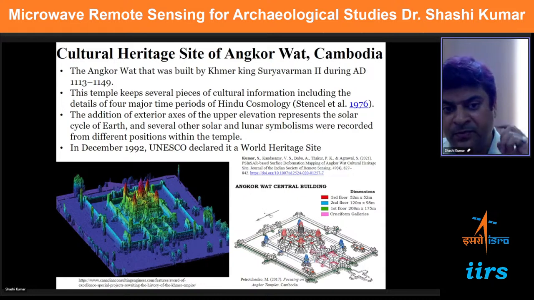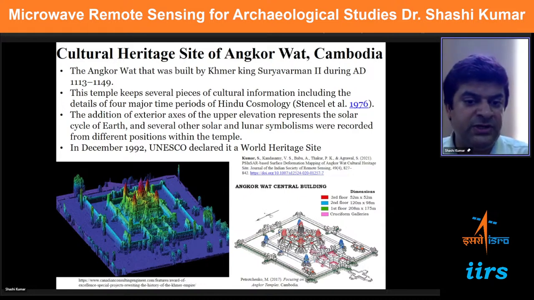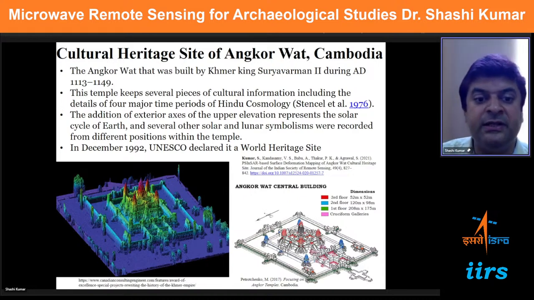This is one of the most studied sites of UNESCO. Why? Because several people are doing several kinds of research, like people from astronomy and astrophysics. They are interested in trying to understand the ancient Indian cosmological symbols present in the temple area.